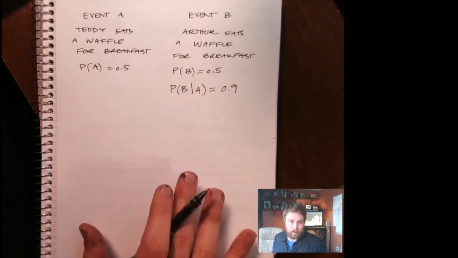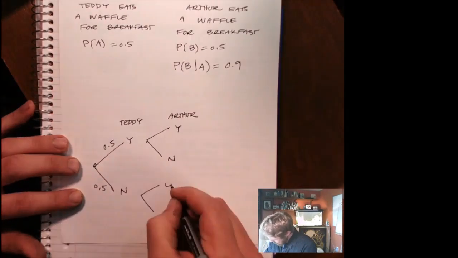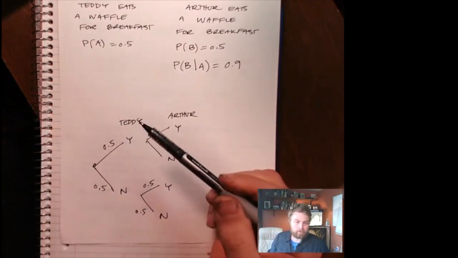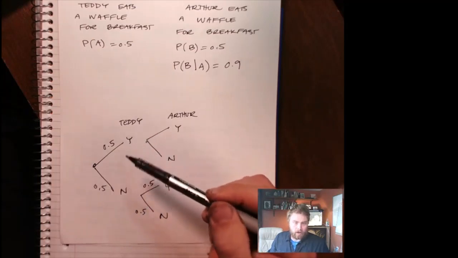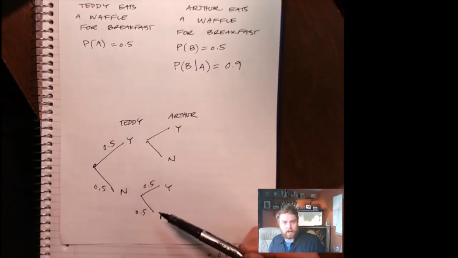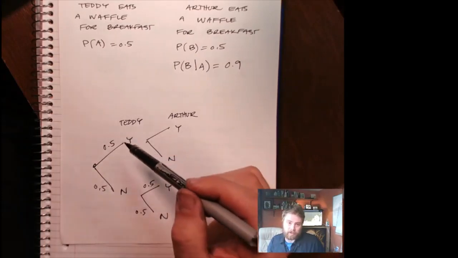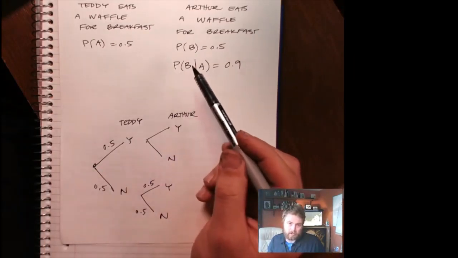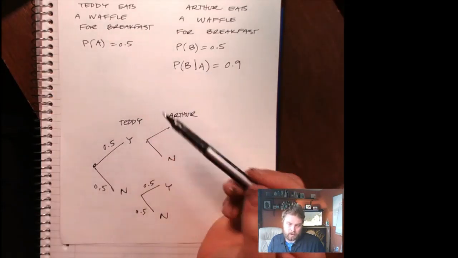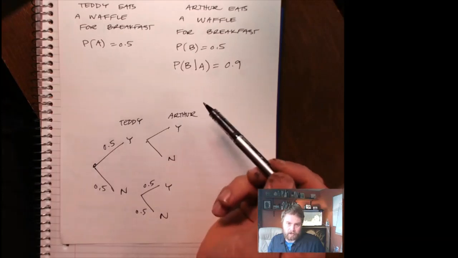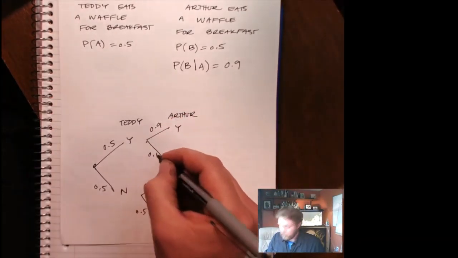And if we make a tree diagram of this, this is what the tree diagram looks like. The first split, 50-50 chance Teddy eats a waffle. If he doesn't, then Arthur's chance is still 50-50. However, if he does, that's the probability that he does, given that A happened, which was Teddy eats a waffle. Then it changes, so 0.9, 0.1.